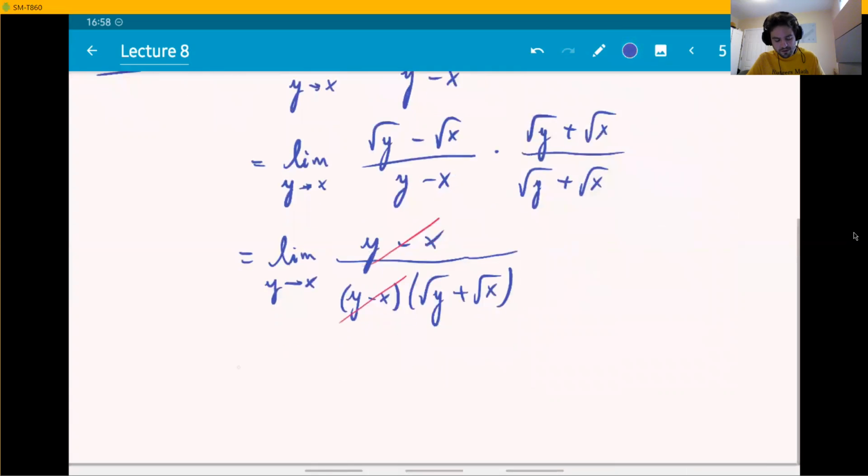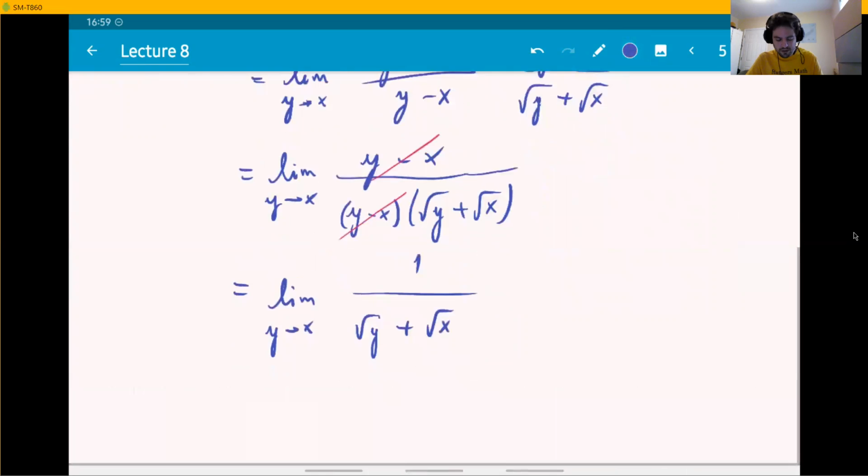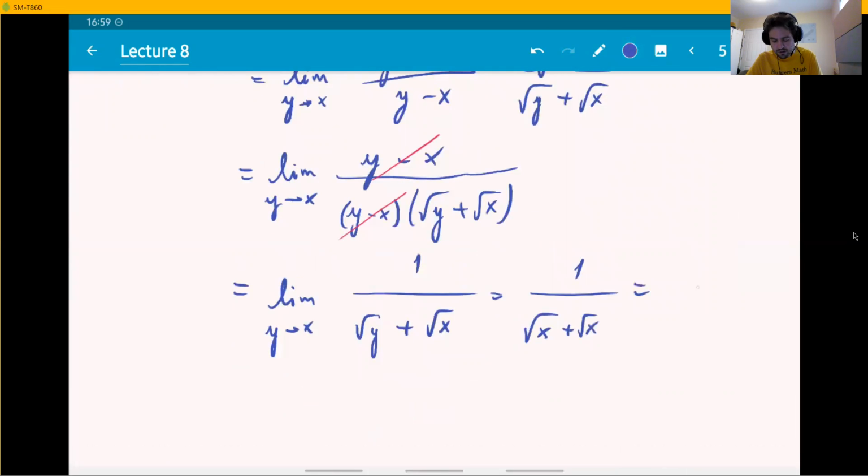This is going to leave us with just 1 over root y plus root x, which is now a limit for which we can plug in the value y equals x, giving us 1 over root x plus root x, also known as 1 over 2 root x.